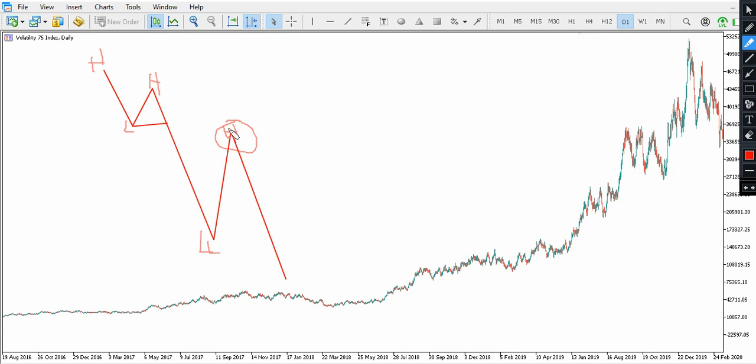Simply because it failed to take out this previous high, but it successfully took out this previous low. So this is our failed market structure.